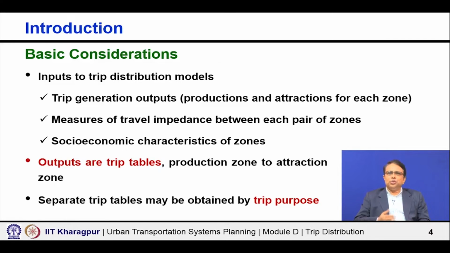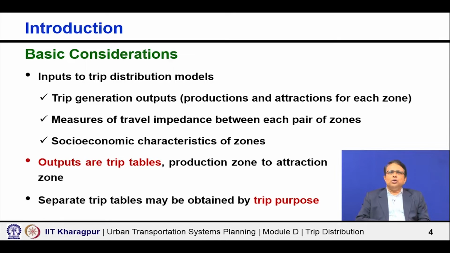So obviously, the productions and attractions for each zone, which we have estimated or modeled in the trip generation stage, are used as inputs to the trip distribution process.